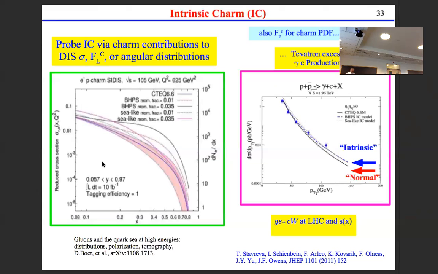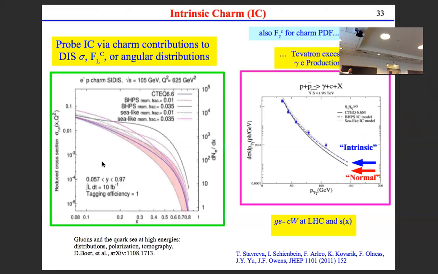And it was interesting because a few years later, we had this anomaly at D0, the photon plus charm final state, where the data was riding high in the largest pT bin compared to the theory prediction. And although there were a number of explanations, it was sort of curious that an intrinsic charm had exactly that type of behavior.